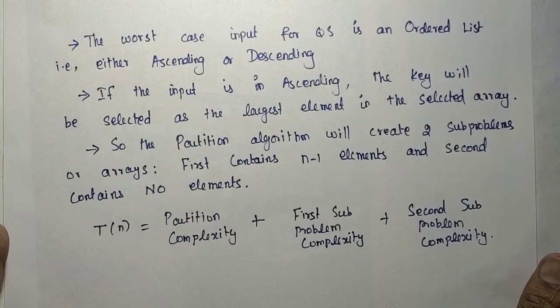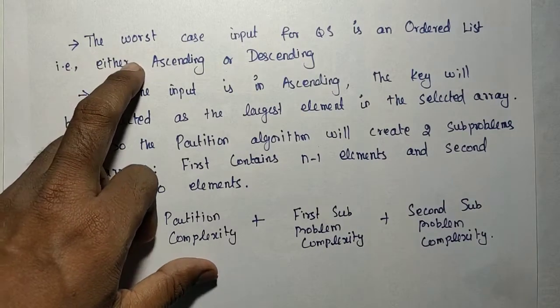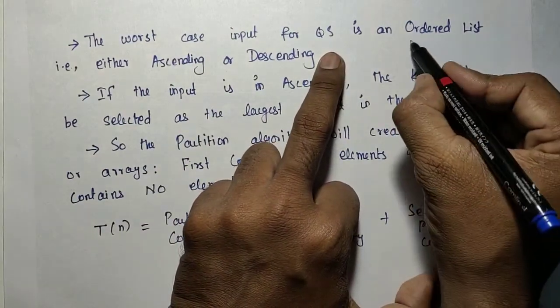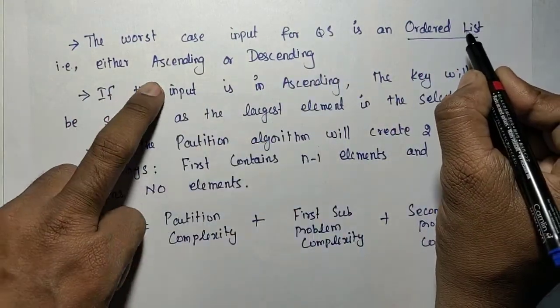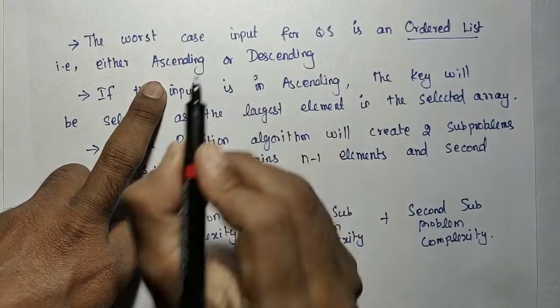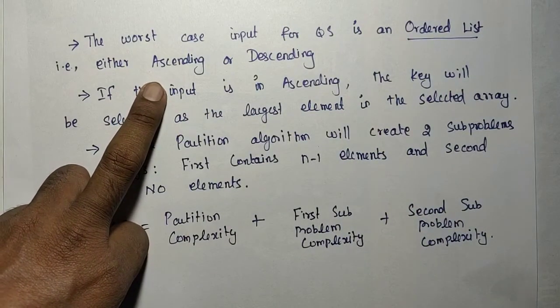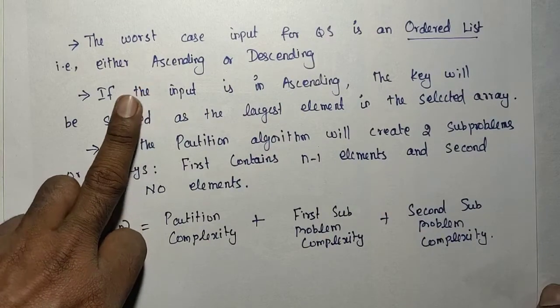So just to summarize what I explained. The worst case input for the quicksort is an ordered list. It means either ascending or descending order. We keep it in mind. In this case, we will get the worst time complexity.